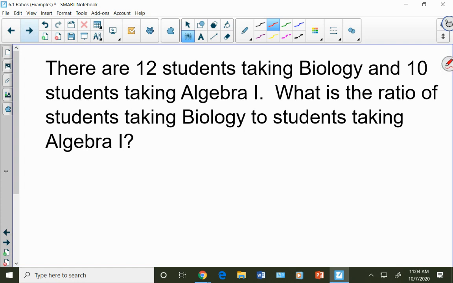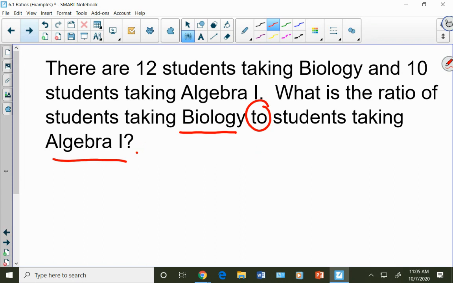The second sentence is the question, which is the most important thing to answer. Well, what ratio does it ask for in the question? It says, what is the ratio of students taking biology to students taking algebra 1? Okay, and it's separated by the word "to." Our ratio is usually separated by that word. Okay, so what is that ratio?